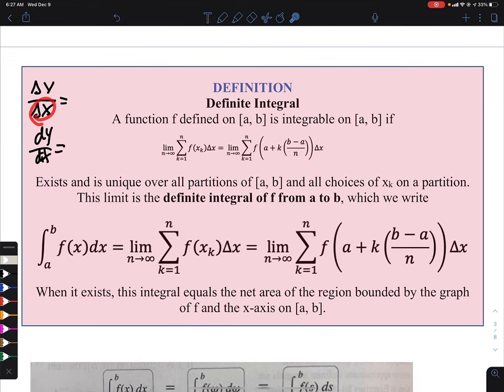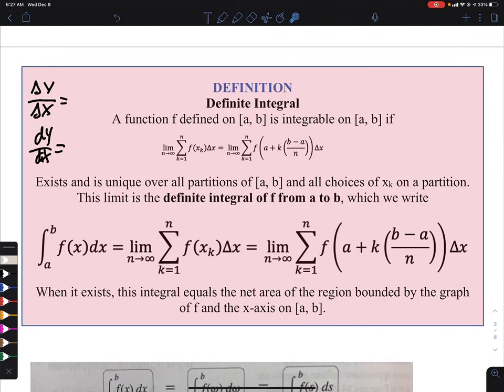So as delta x approaches 0, we said, hey, that's dx. But as the number of rectangles goes to infinity, your delta x approaches 0 again. So in this case, the delta x turns into dx. This means that the width is approaching 0.